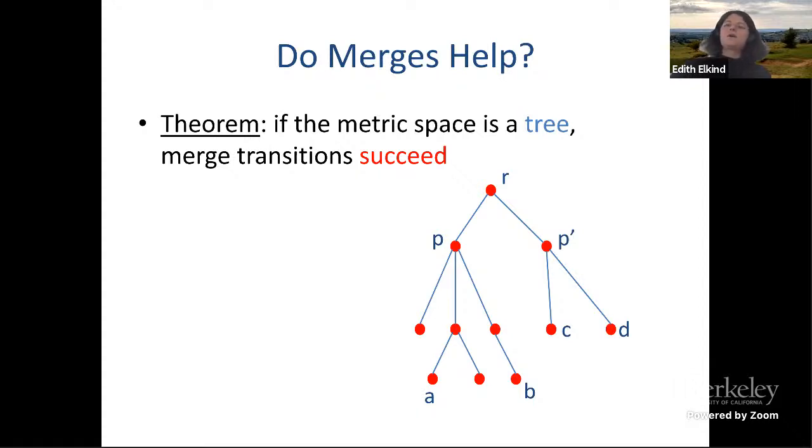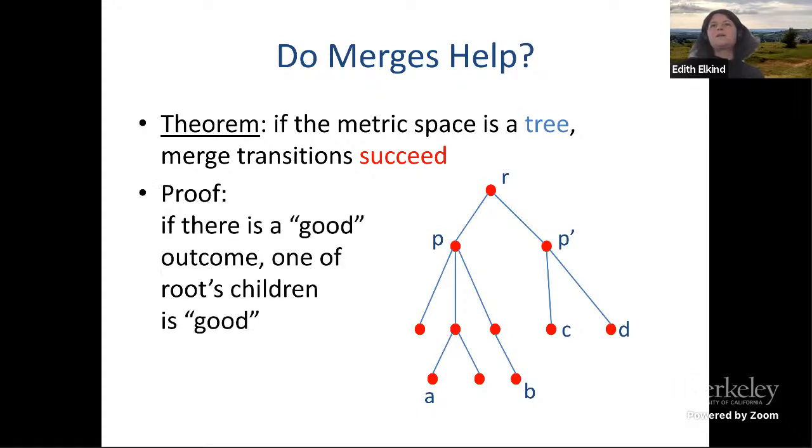And then I ask if agents can converge using merge transitions. And the answer is yes. The reason the answer is yes is that if there is a majority supported proposal P, then I claim that one of the children of the root would be a majority supported proposal.